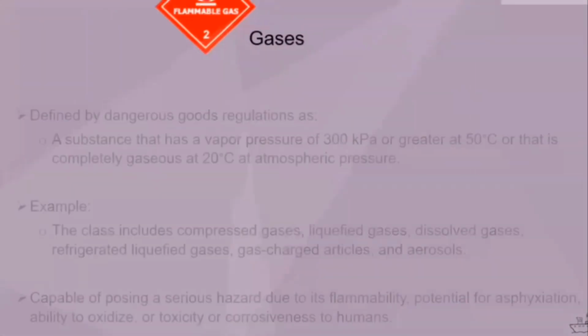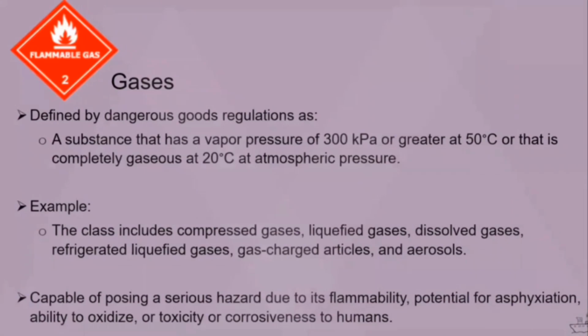Next, which is gas. It is defined by dangerous goods regulation as a substance that has a vapor pressure of 300 kPa or greater at 50 Celsius or that is completely gaseous at 20 Celsius at standard atmospheric pressure.